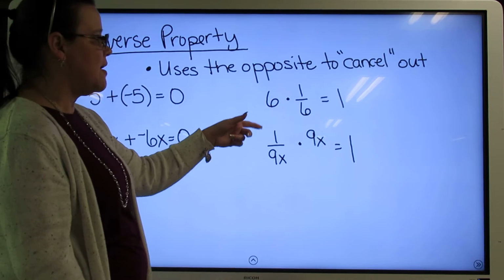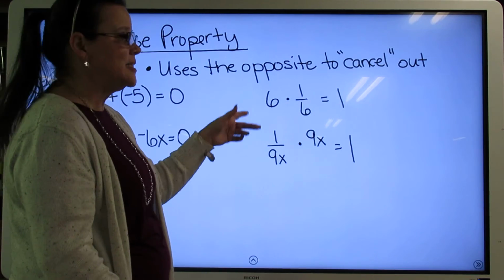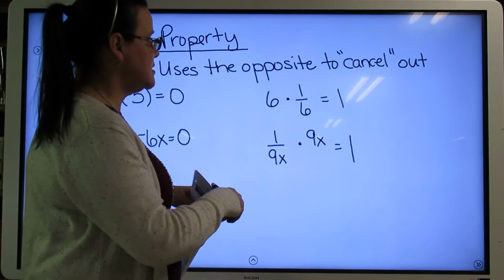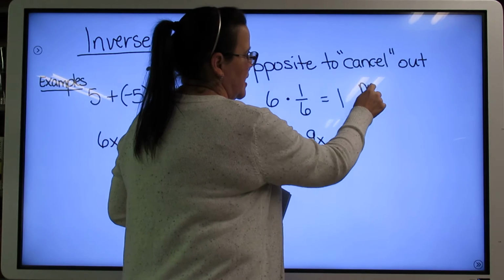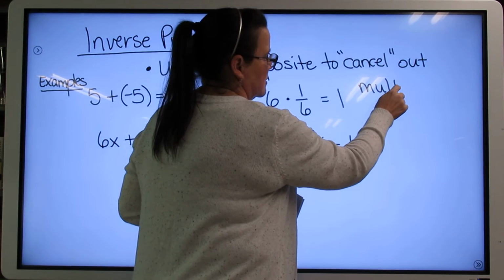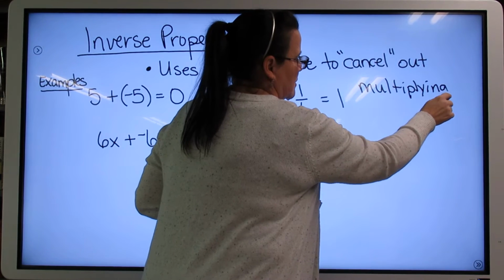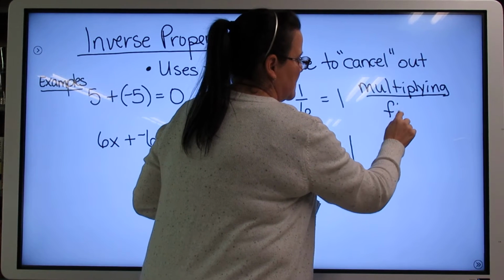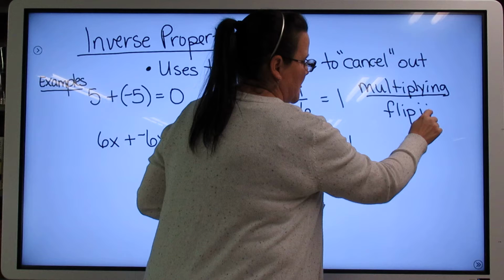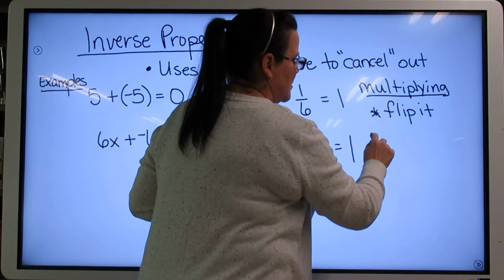The inverse of the multiplication is flipping it around. This is multiplying. You're going to flip it. It's called the reciprocal.